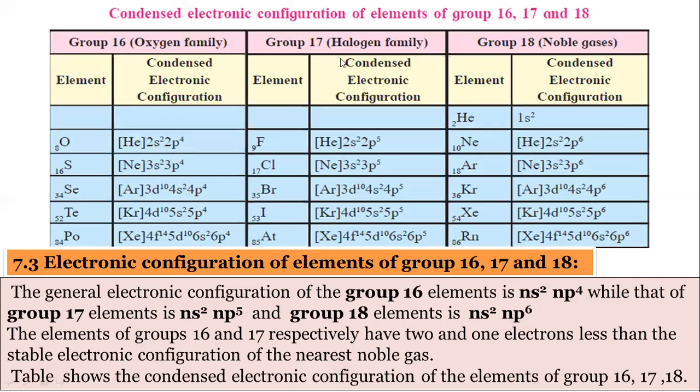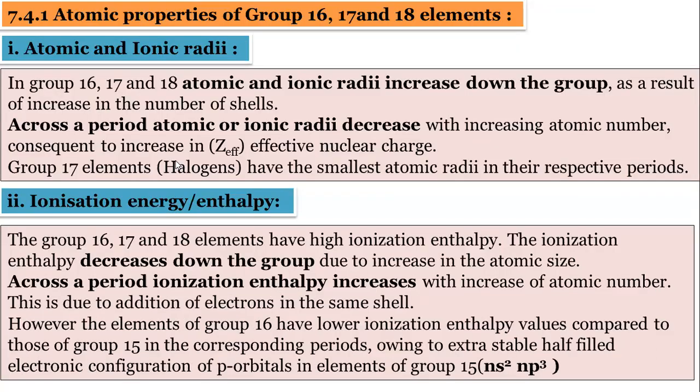In the oxygen family, the halogen family, and the noble gas family, as we move from top to bottom, the shells are increasing. As the shells increase, atomic size increases. As the atomic size increases, the electrons go away from the nucleus. As the electrons go away from the nucleus, we can easily remove them. So the ionization energy decreases.